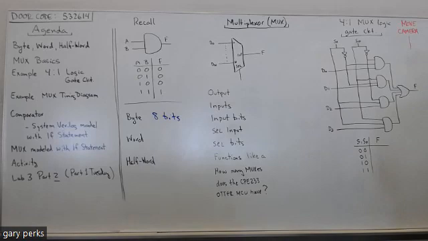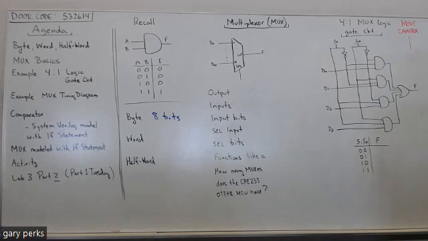Then also in the digital context, there's this word, word. Does anyone know what the word word refers to in the digital world? This is a little bit harder because it's not a strict definition. I wouldn't expect anyone to know. What the word word means in the digital sense is how many bits a piece of data has.